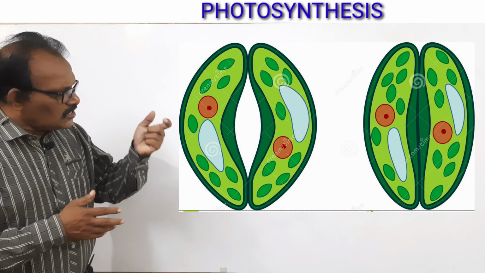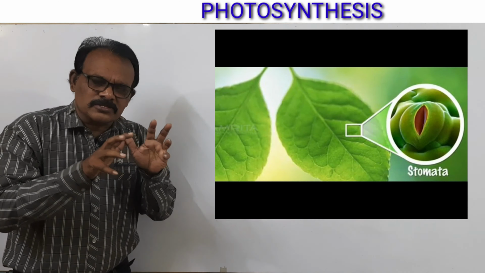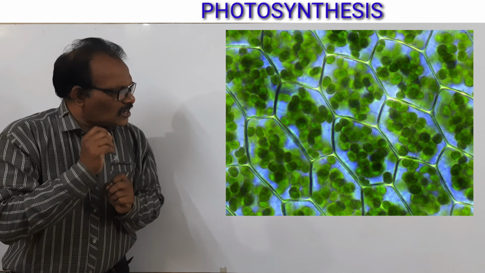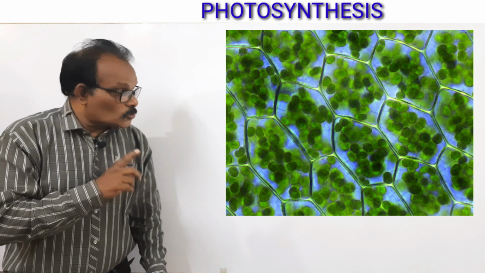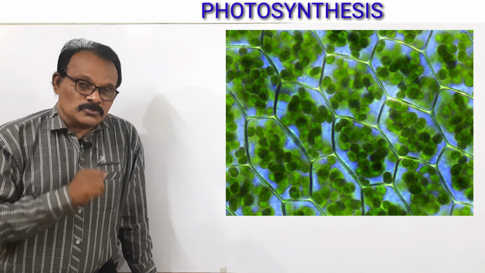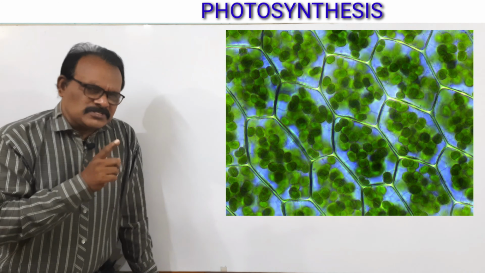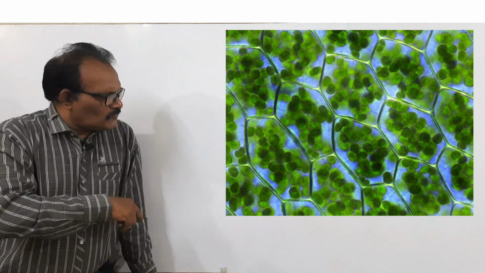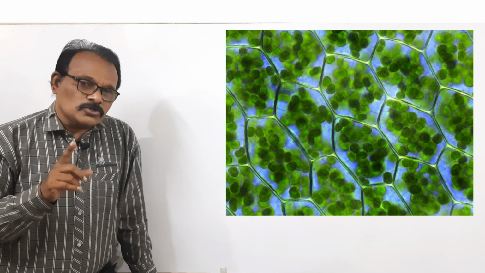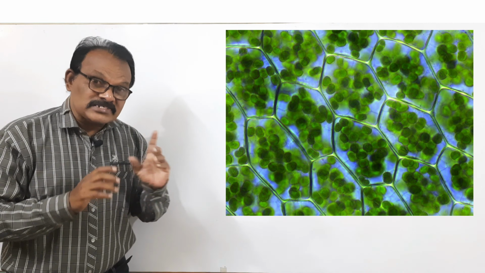Now, the full leaf contains cells, and every cell has chlorophyll, and that chlorophyll plays a very vital role for the plants during photosynthesis, because chlorophyll has two functions. First, due to the presence of chlorophyll, the color of the leaf is green.